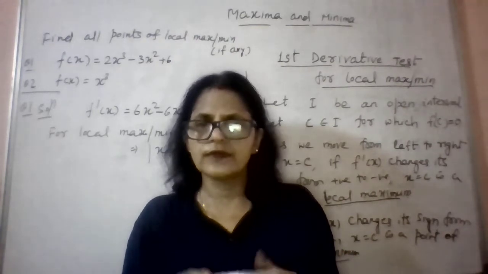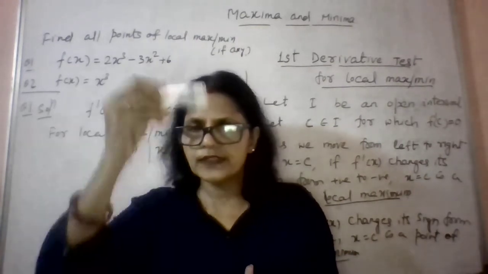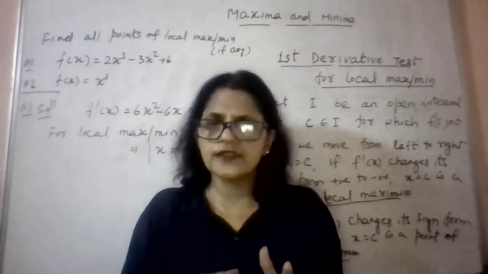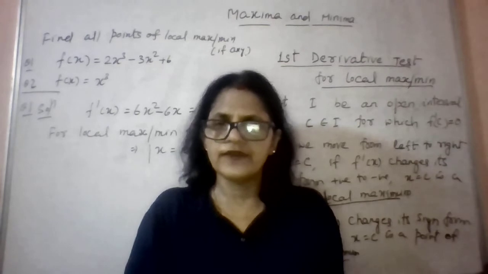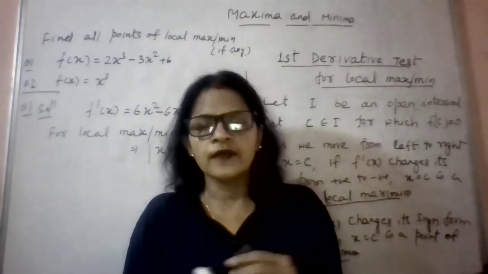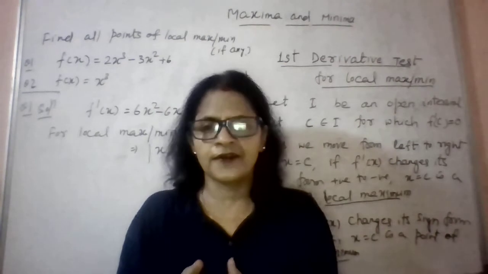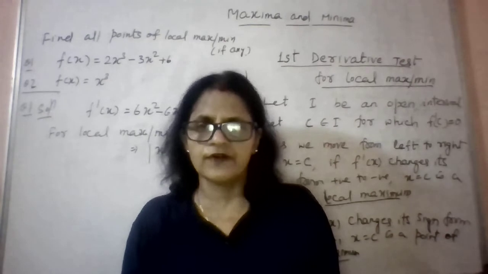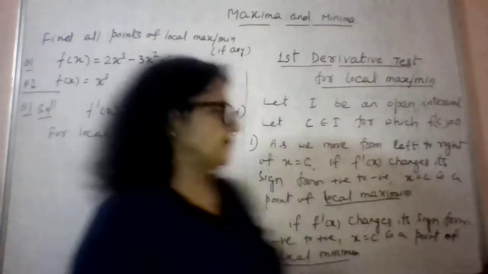Similarly, whenever you take local minimum, it's like this. So either it is in the shape of concave or convex, right? So point of inflection is basically a sudden change in the shape of the curve. So that we will discuss.